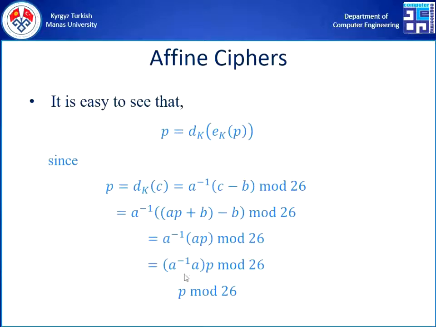When we multiply A to the power minus 1 by A, it yields the multiplicative identity, which is equal to 1. So, since our alphabet consists of 26 letters only, this mod operation will give us the P itself. So the decryption is correct, since the receiver can decrypt and read the message.